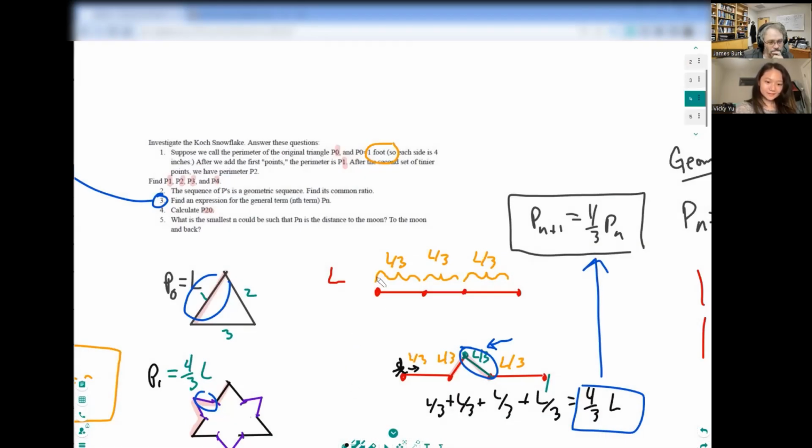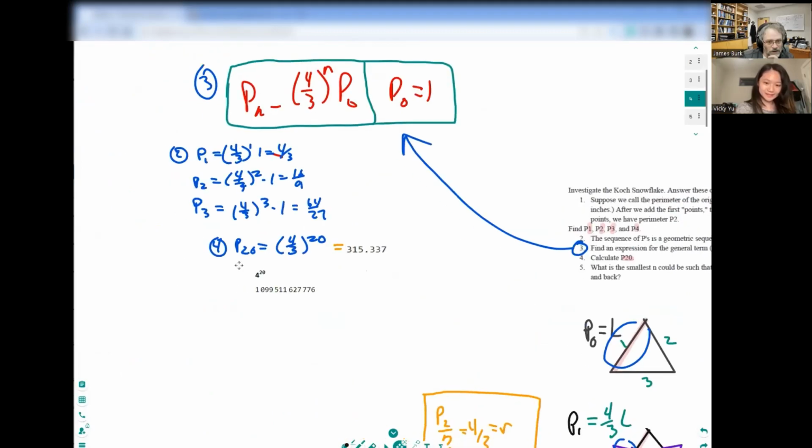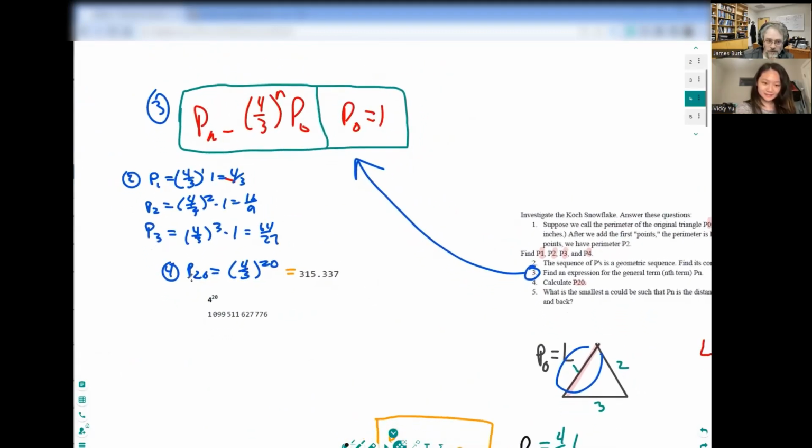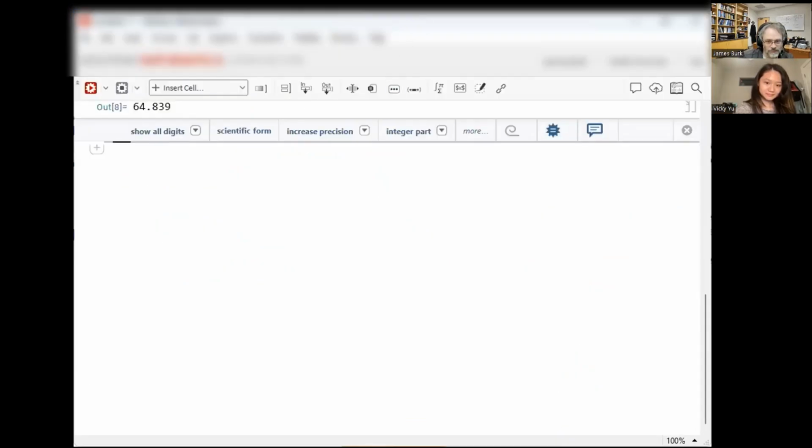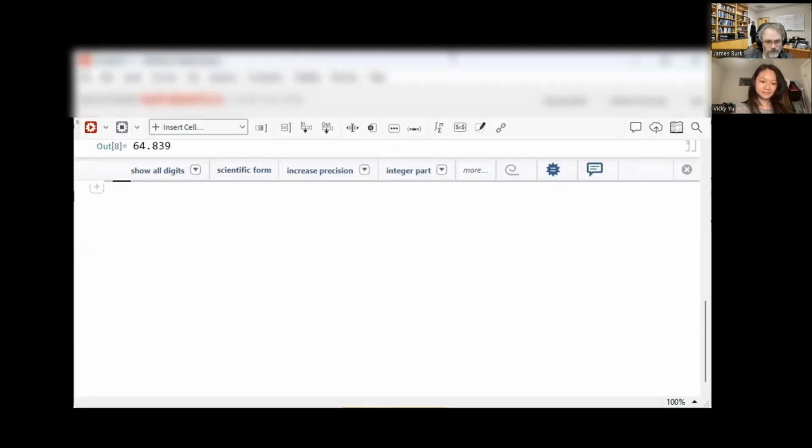But for the final answer for P n, I got 72.8 when I put it in my calculator. Calculator might have broke a little bit. Let's just do it here again together, though. Okay, can you see the screen okay? Yeah. All right, so let's see our equation again.